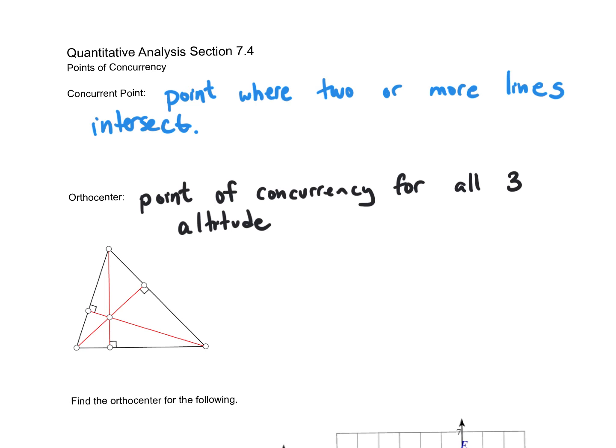So in the example here, we have this vertex and it is perpendicular to the other side at a 90-degree angle. And the interesting thing is if you do all three altitudes in a triangle, they are always concurrent, and they are concurrent at a point called the orthocenter. When we actually do constructions and do this a little more formally, you'll be able to see this well, but we can kind of estimate where these things are.